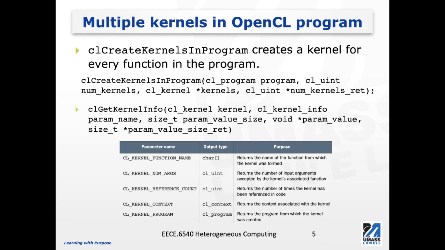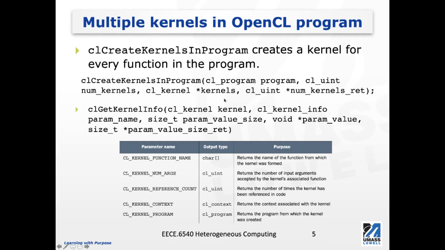That is to say, you have mykernel.cl, and in this kernel program, you may have multiple functions, function A, function B, with different names. So this particular API, clCreateKernelsInProgram, will create a kernel for every function in the program. So instead of creating kernels one by one, you can use this API to create kernels for all the kernel functions that we put into the same OpenCL program.